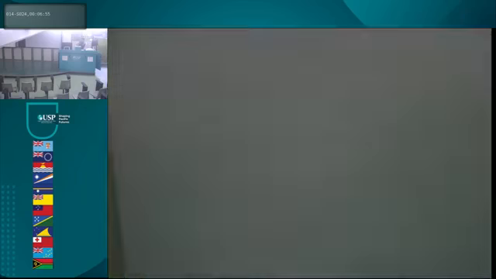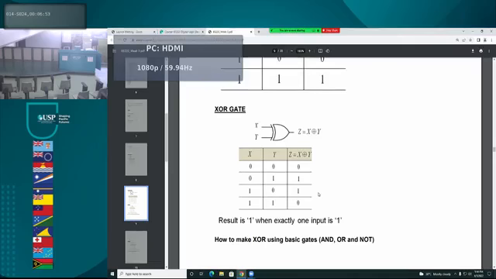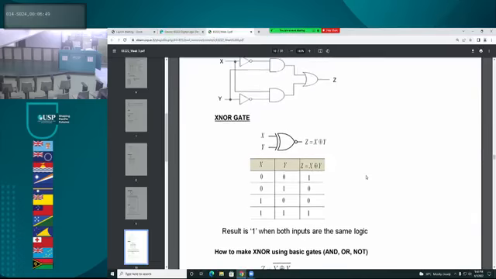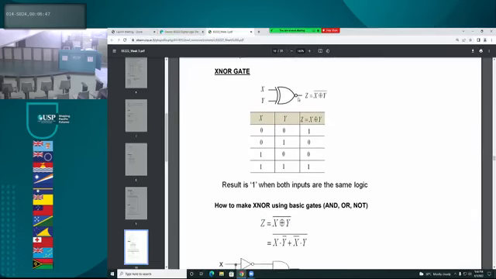That's your NOT. And that's your OR, okay? So let's see if the symbol is here. Okay, there. This is the symbol.